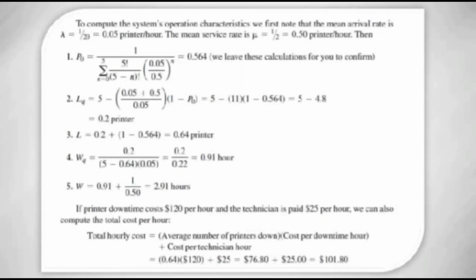So first, what we are looking for is the probability that the system is empty. Here, the formula is a bit complicated and you can solve it manually, but the procedure is long because you need to multiply repeatedly. But here, we are going to show you how to make solving this easier.